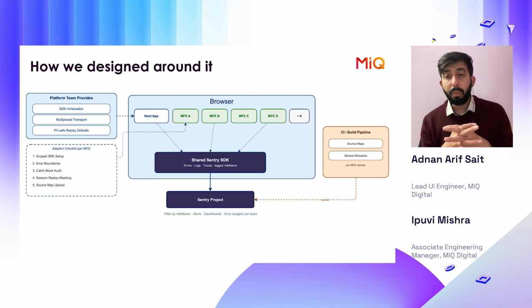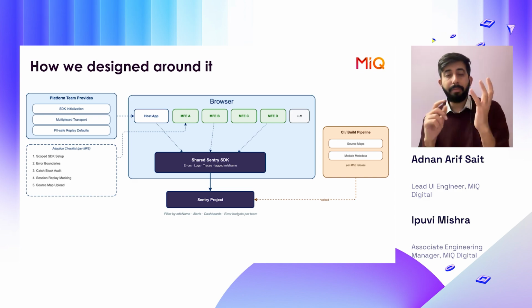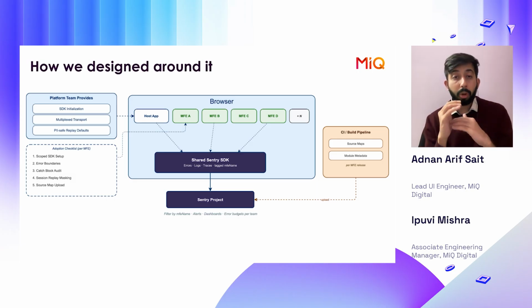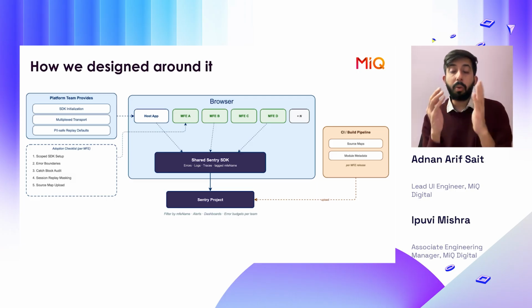What we did for this was to first separate the responsibility of the host app and the micro frontends. The host app would take care of initializing the observability SDK and setting the global configuration, the sampling rate, user details, all of that, PII scrubbing. Each of the micro frontends was responsible for their own app.